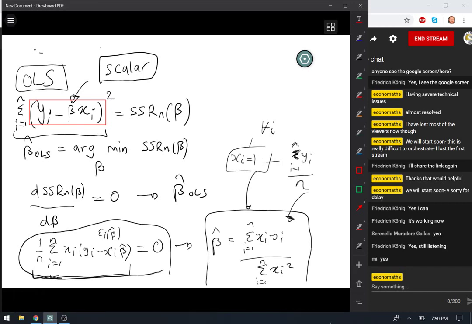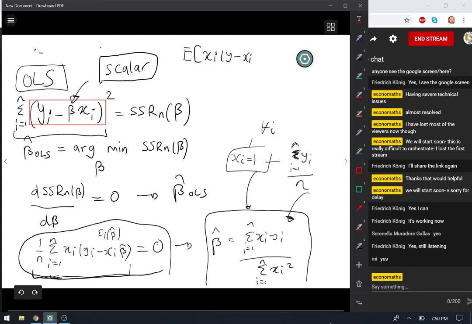parameter. So remember, in the population version, the projection is E of xi times (y minus xi b). It chooses this to be naught and it finds the beta. This population projection assumption just says that the average of x times the residual, let beta naught be the projection parameter that solves this.